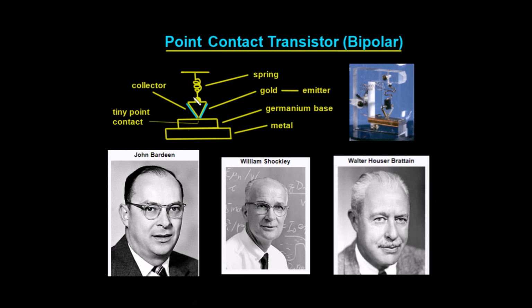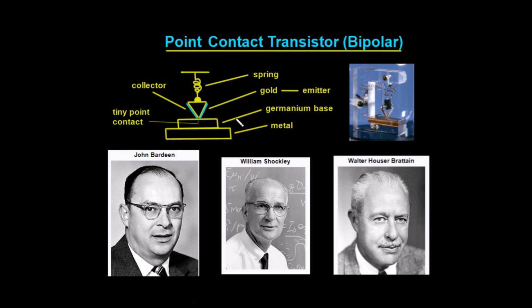But just as a quick look at this, what we have here is a mock-up of the original device, and in the original device we had a mounting with a spring. We have a contact here which had a little gold leaf at either side. This was called the emitter.